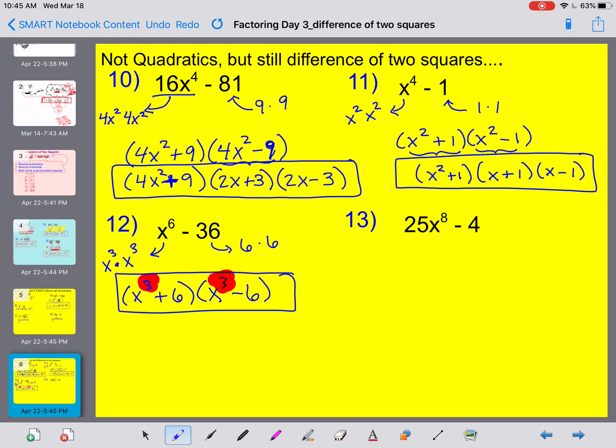All right, number 13, there's no GCF. I look at this and ask, is it a perfect square? Yes, it is. It could be 5x to the fourth times 5x to the fourth. 4 is a perfect square, 2 times 2.